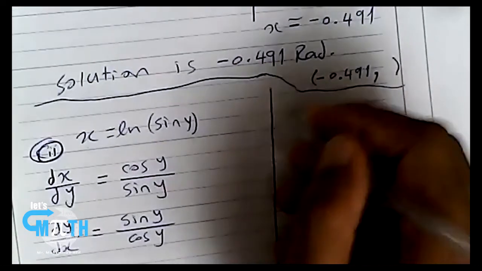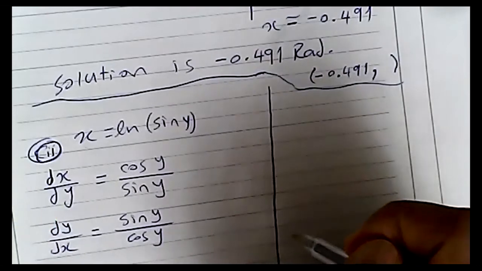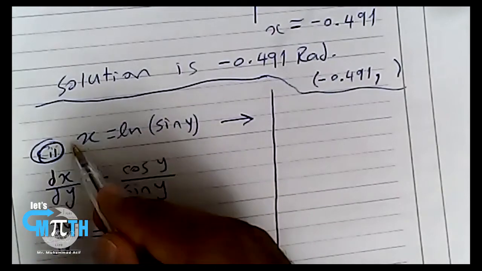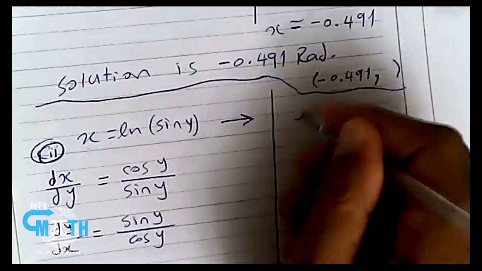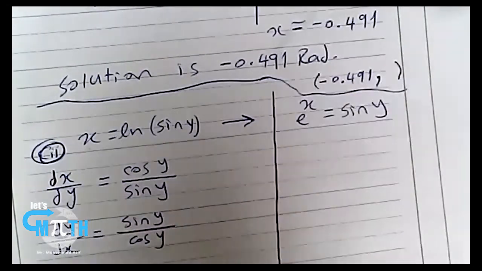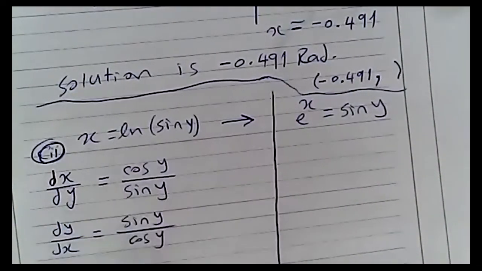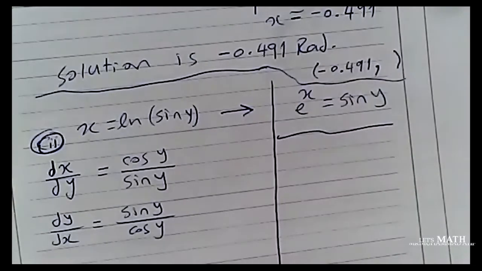So remember the original equation. From this equation, you know that converting this to exponential, e power x equals sine y. E power x equals sine y. Now you know that here it will be e power x. Now we replace the numerator by x. We need to do so for the denominator.